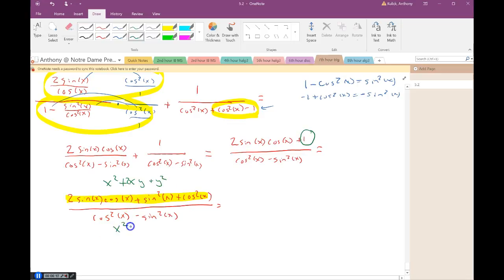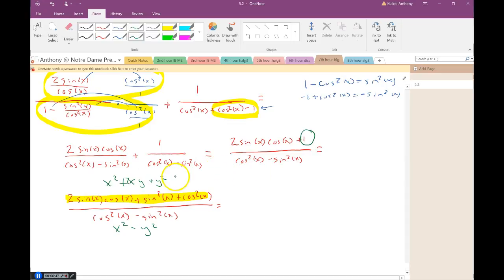And the denominator is like x squared minus y squared. Does everybody see that? Where x is sine x and y is cosine x? You guys buy that?